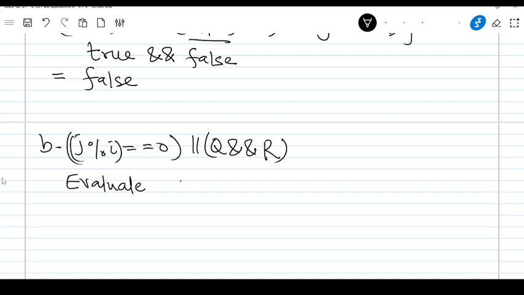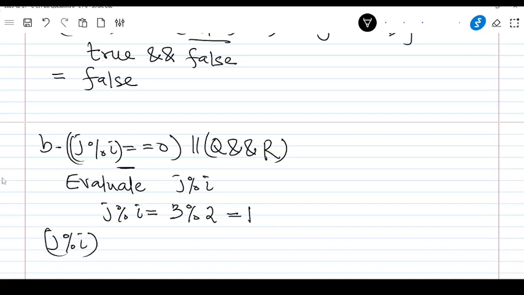Let us evaluate j modulo I. j is 3, modulo, what is I? I is 2. So dividing 3 by 2, what's the remainder? The remainder is equal to 1. So that means here we have j modulo I is equal to 0, which is similar to saying 1 is equal to what?